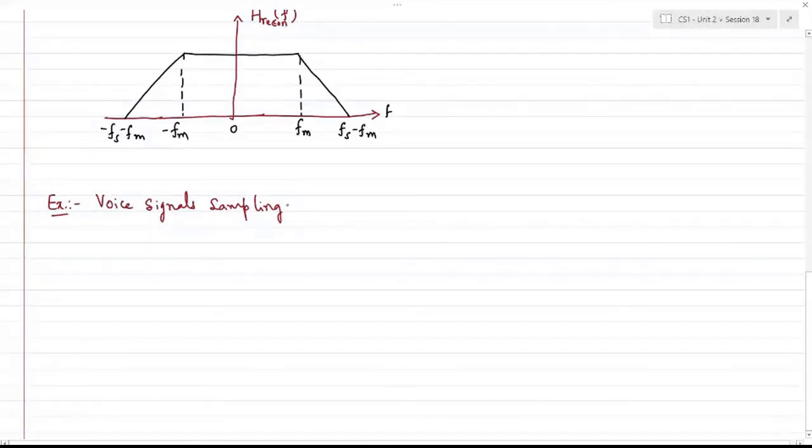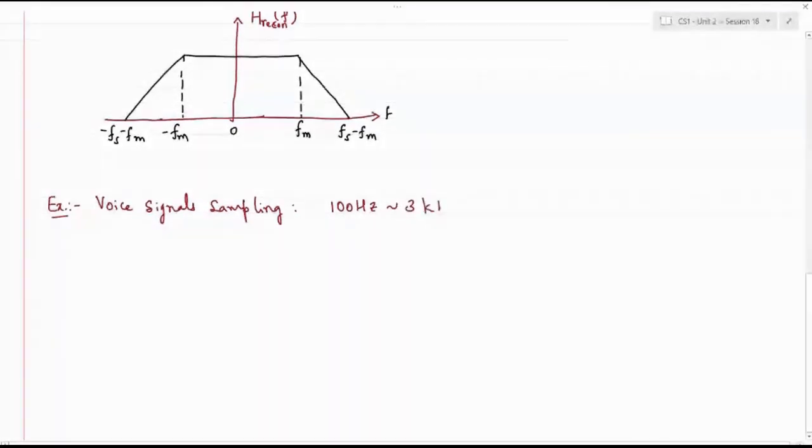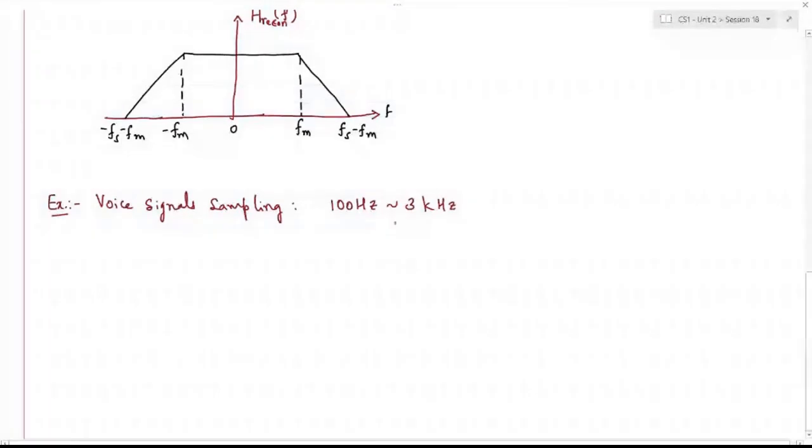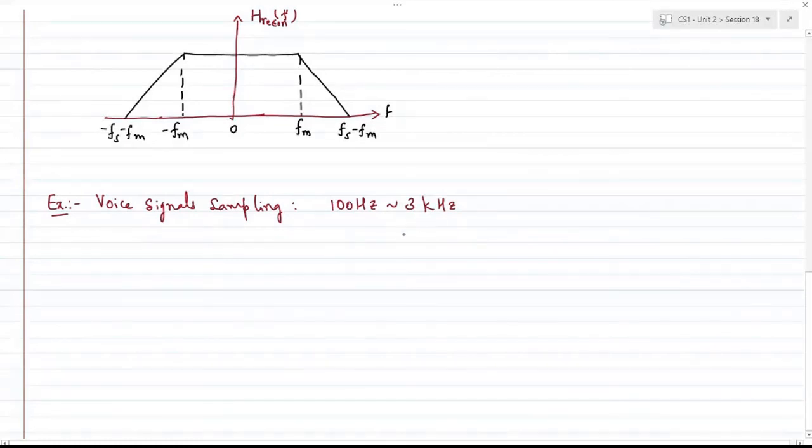As you know, the frequency band of voice signal varies from around 100 hertz to around 3 kilohertz. The audible range of frequency is much lesser than 100 hertz and much more than 3 kilohertz, but usually from a human perspective, the voice signals are limited to 100 hertz to 3 kilohertz. This is adequate in case of telephonic communication purposes as well.